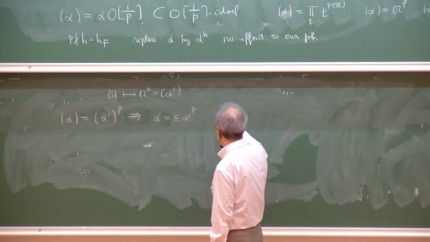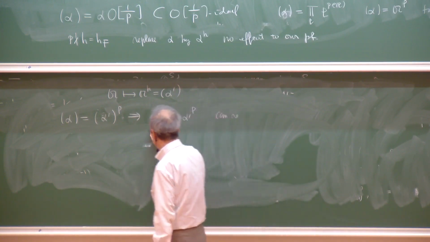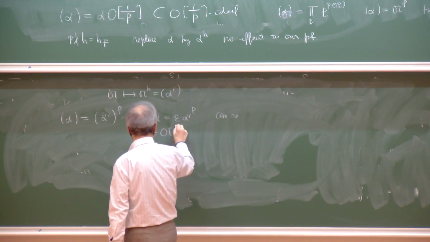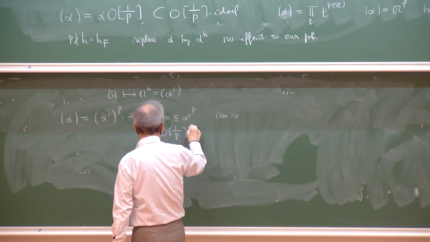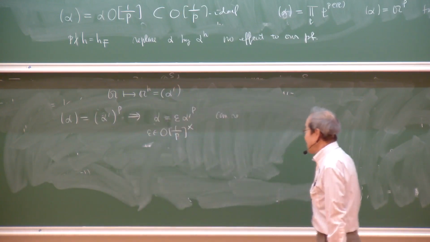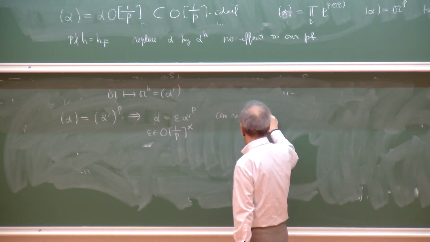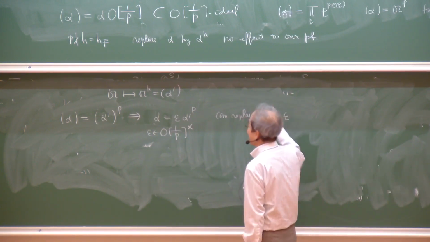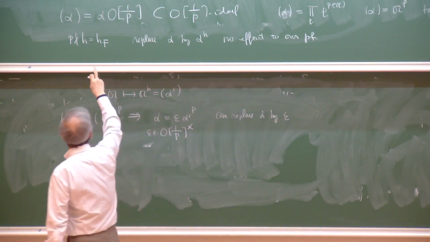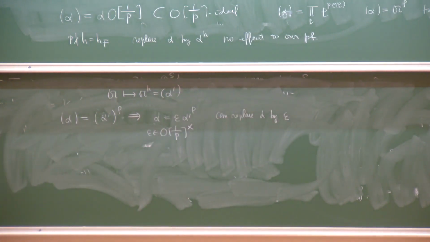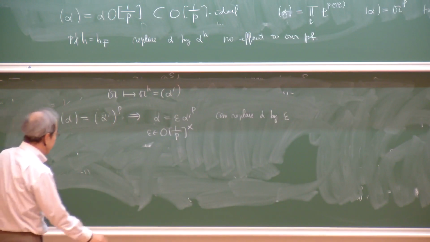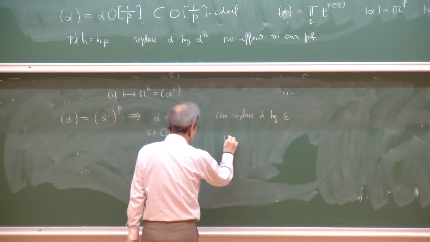Therefore, epsilon is of course a unit. You can replace alpha by epsilon. So that's the claim I made first there. So this first step is done.